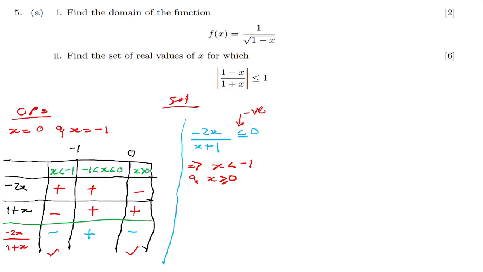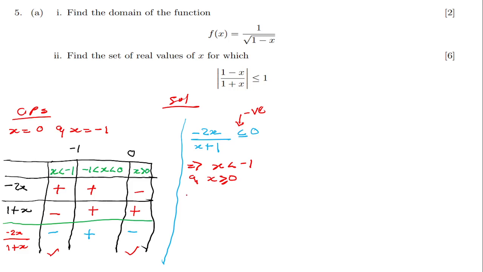But we are putting an equal to on 0 because when the numerator is 0, it won't affect anything, because 0 divided by anything is simply 0. So that's why we are having such a solution.